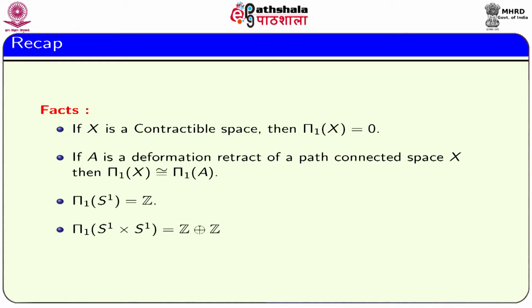If A is a deformation retract of a path connected space X, then the fundamental group of X is isomorphic to the fundamental group of the deformation retract A. The fundamental group of circle is the group of integers. The fundamental group of torus is the direct sum Z, direct sum Z.